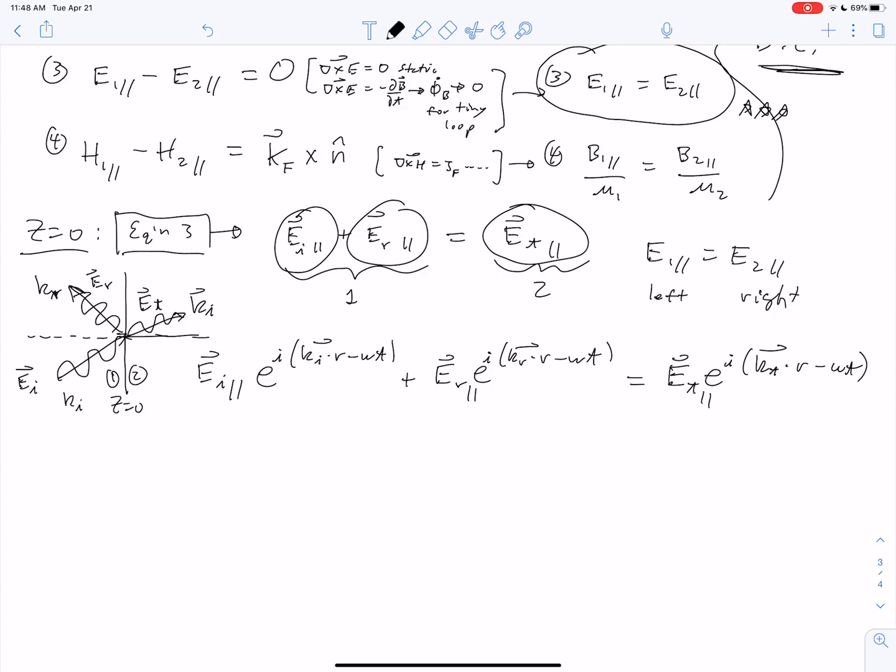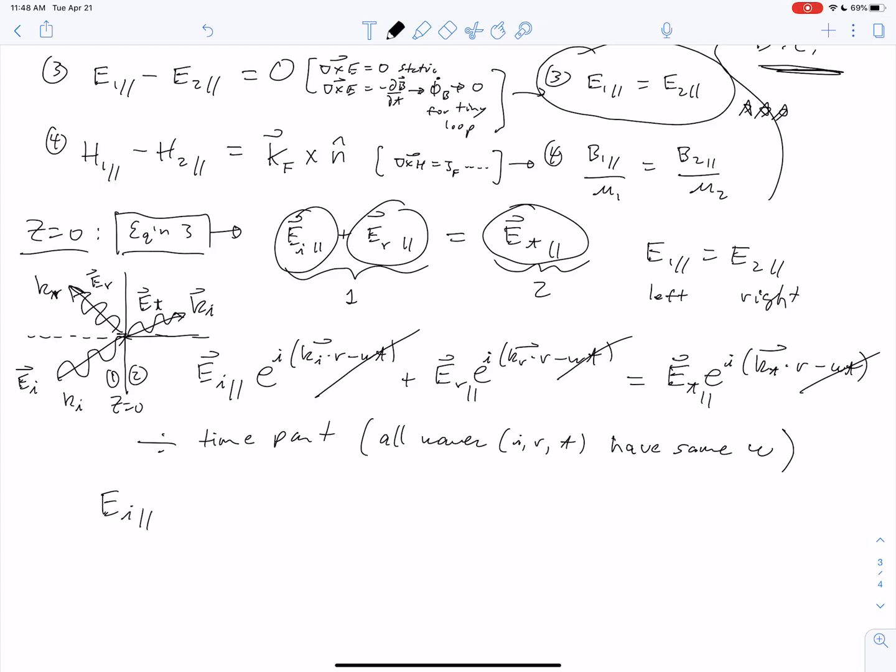So now let's divide out the time part, and we can do that because all the waves have the same frequency. When I say all waves, I mean the incident, the reflected, and the transmitted wave have the same omega. And so I can just divide it out, and that leaves us with this new equation, which is very important.